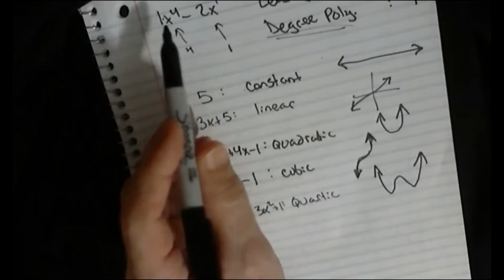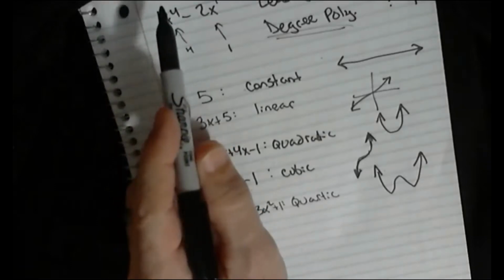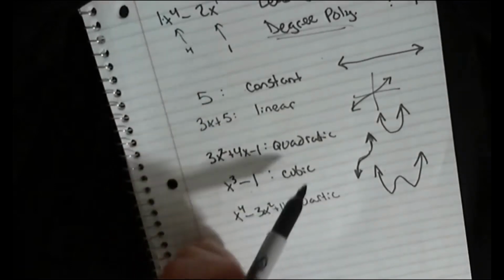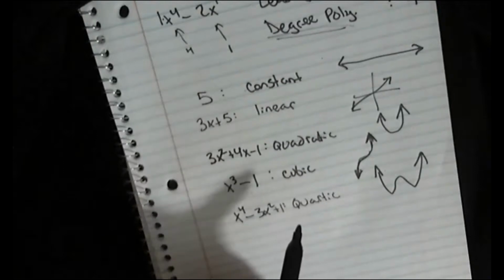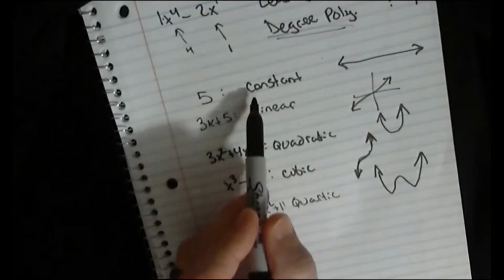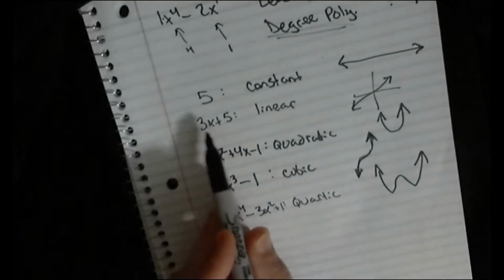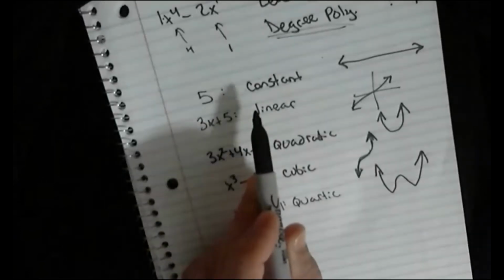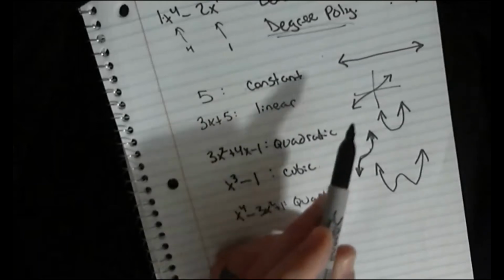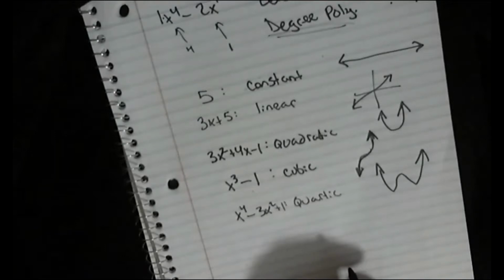So again, that leading degree defines what kind of function we're dealing with. Okay, and again, just a number is a constant function. It's the graph of a horizontal line. X to the first power, just an x, is a linear function. You'll have a straight line going at some kind of angle, up or down.